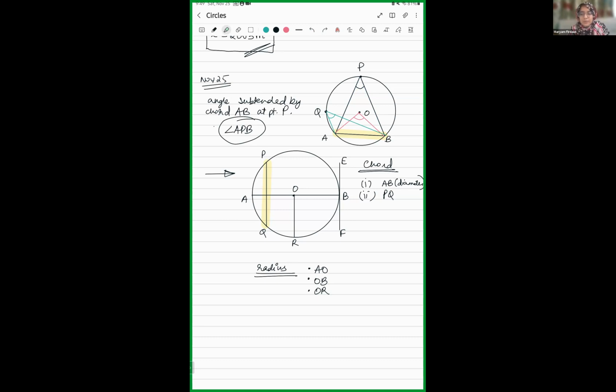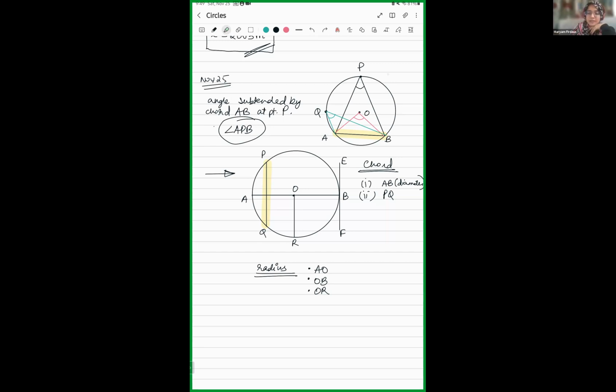Which angle is it? Is it the pink angle or the green angle? Angle subtended by AB at the center. The pink one. Yeah, the pink one.